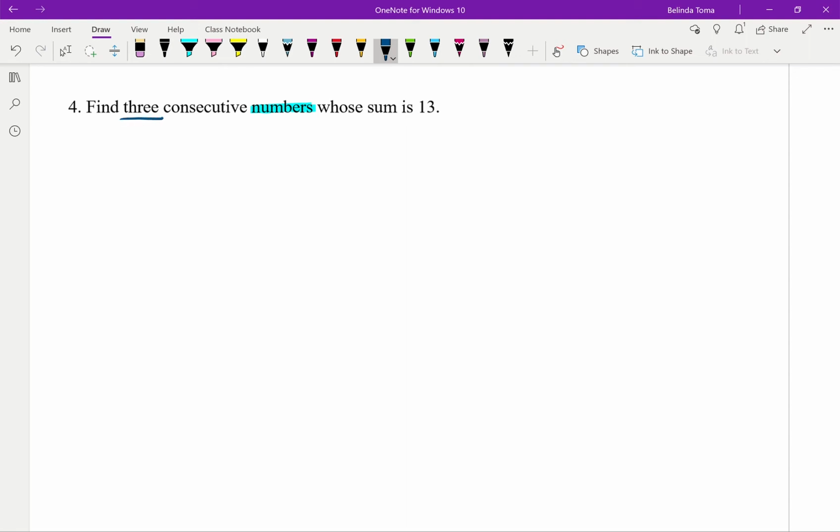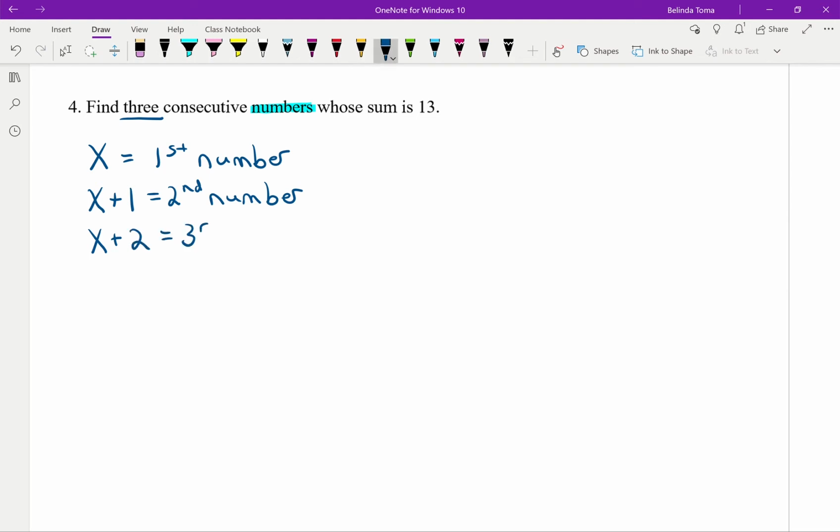If we have 3 consecutive numbers, then if x is the first number, then I would need to add 1 to get to the second or the next number. And in order to get to the third number, whoops, I said 3 and then wrote 3. That was a big mistake. I would add 2 to get to the third number.